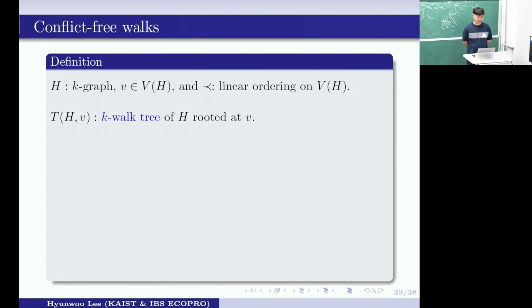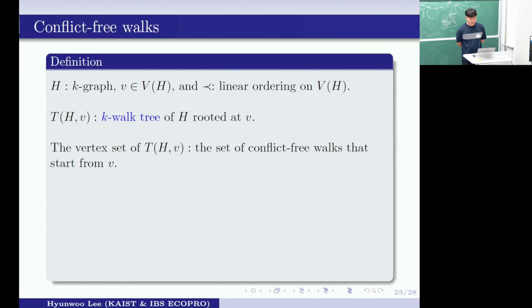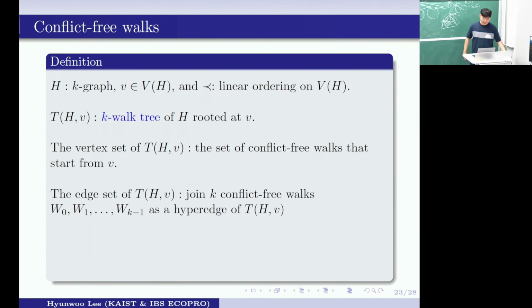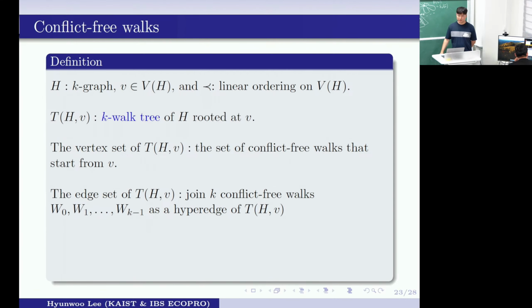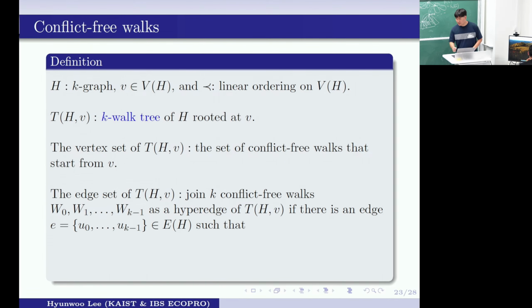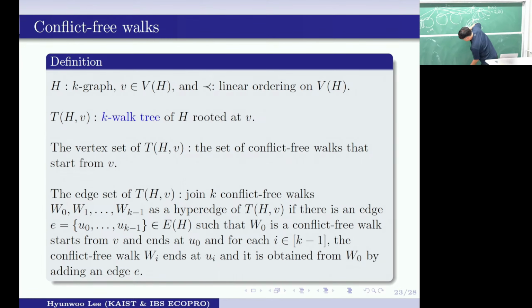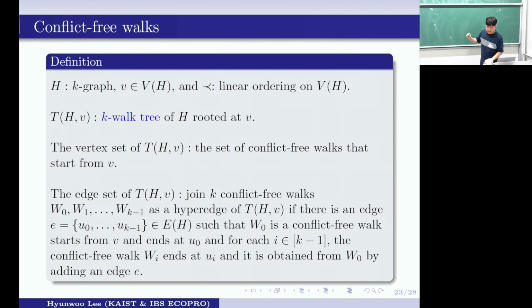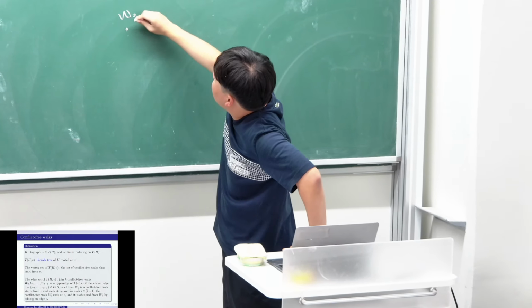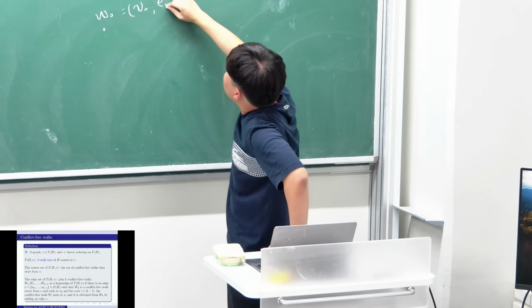Now we define a k-walk tree of H rooted at V, where the vertex set of this hypertree is the set of all complete-free walks that start from V. Now we will join k complete-free walks W_0 to W_{k-1} as a hyperedge of T(H, V), and I will do it as follows. Let's say W_0 is some complete-free walk.